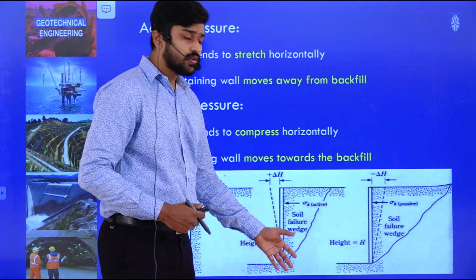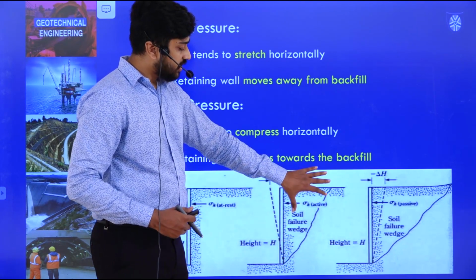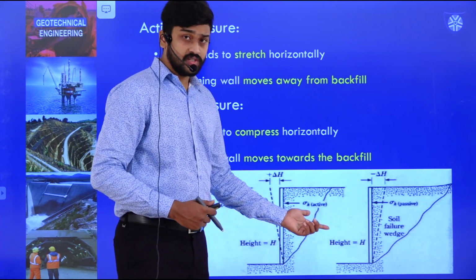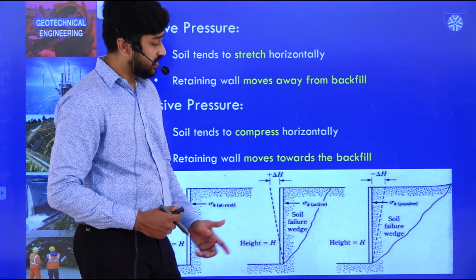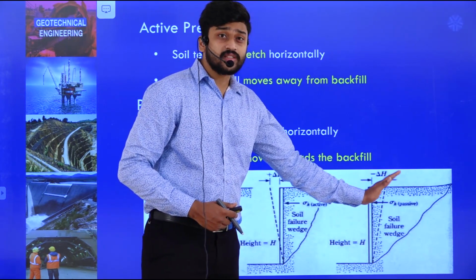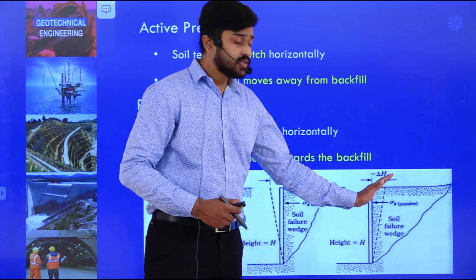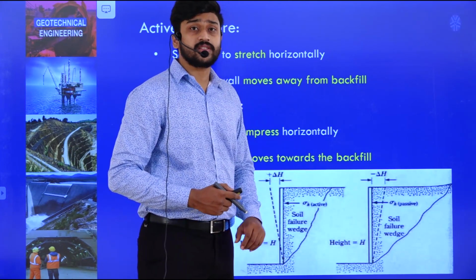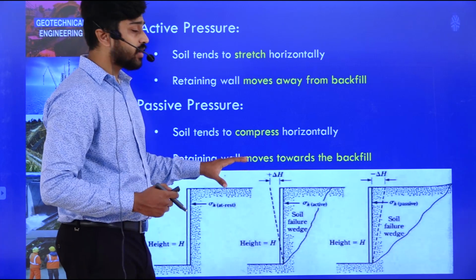It may be a wedge failure or any other failure, but the failure occurs in this manner. Such pressure is known as active pressure, and the soil is in the active state. And in this case, the retaining wall is moving towards the soil, so this is known as the passive case. So this is what we have looked at till now.